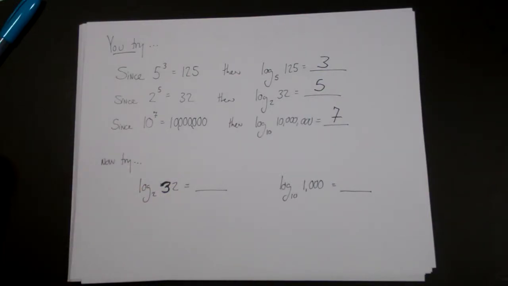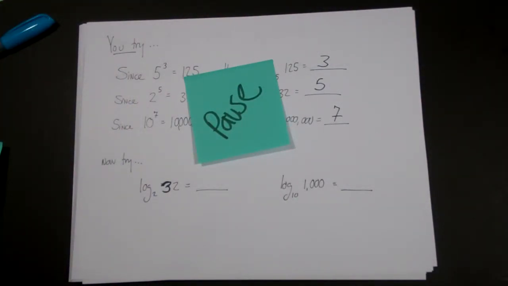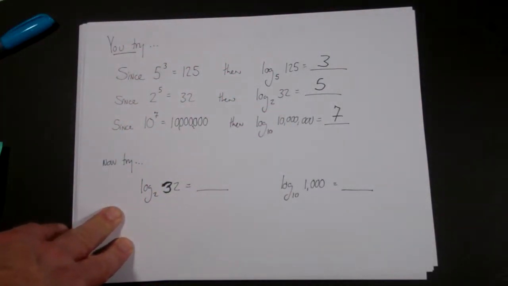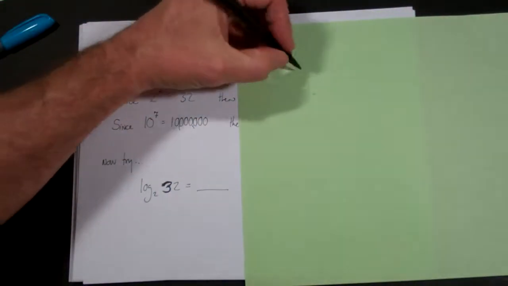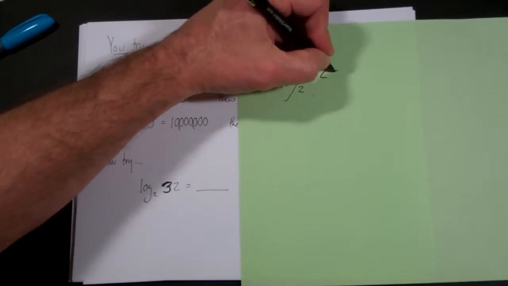Now why don't you try these two without any prompting? In this case, you do the same problem except you're not given the argument's answer, so let me show you an easy way of doing this one. Here we have log base 2 of 32 is equal to blank.